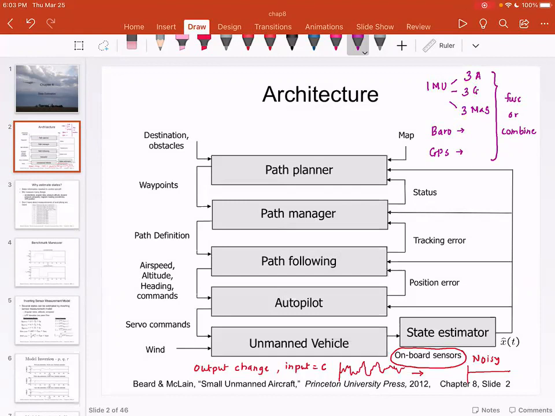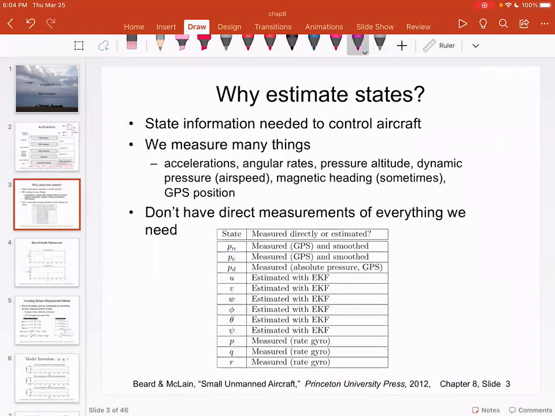This is an important problem that is studied in a lot of branches of engineering. So why do we need to estimate states? Let's look at the 13 variables that we are dealing with. Actually, time is not here, so 12 states.